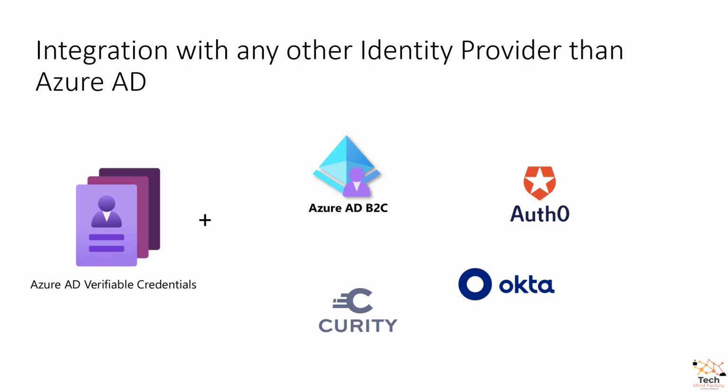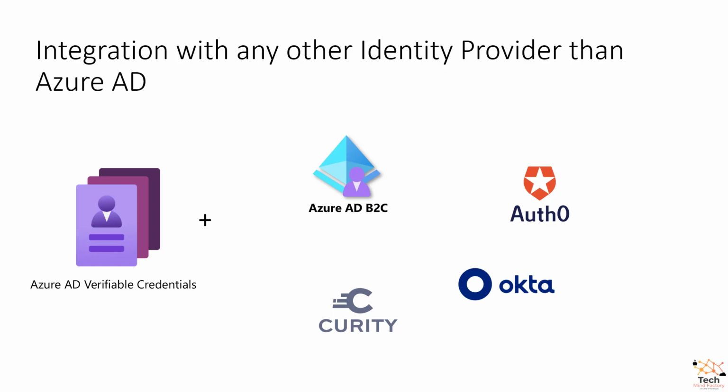In my solution, you saw that I authenticated using my account registered in Azure AD B2C, and B2C redirected me to the web application with the ID token, and I was successfully authenticated. In the ID token there was information about my profile, like the identifier, first name, last name, and so on. So I can now take this information from the ID token and inject it in the verifiable credential, and this information will be stored there.